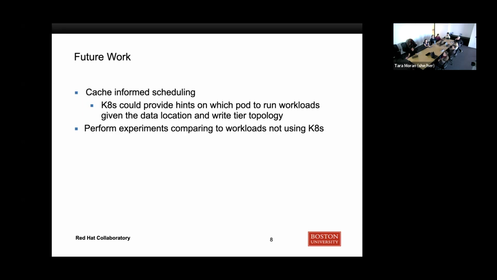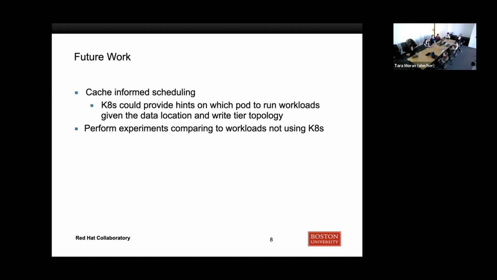And with Kubernetes, we could provide hints on which pod to run workloads on, so that given that the data is in a certain cache, we can schedule those workloads on a certain rack with that associated data.